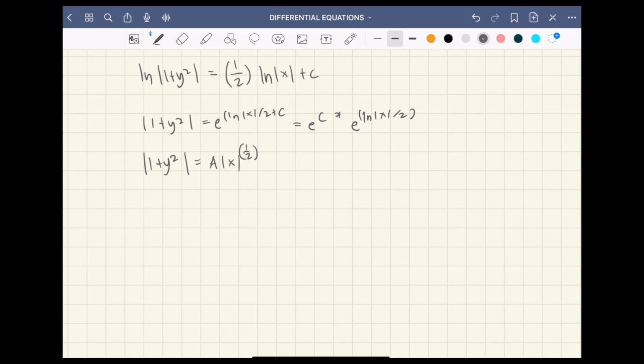Now, we can use the initial condition x equals 2 and y equals 3 to solve for a.